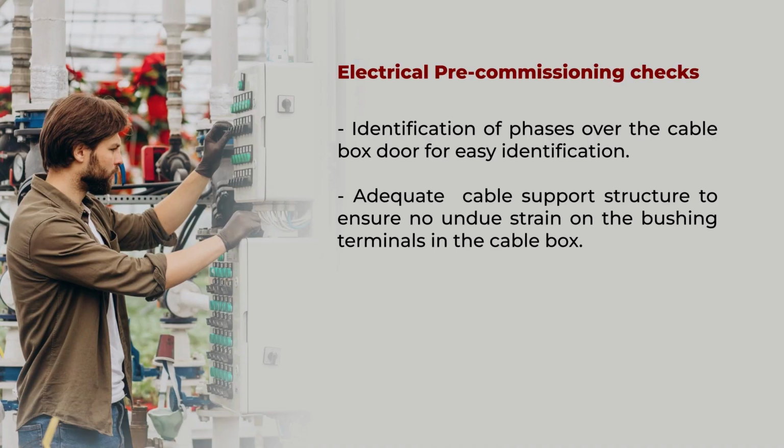Adequate cable support structure so as to ensure no undue strain on the bushing terminals in the cable box. No extra holes to be made in the bus bar at sides. Normally, the gland plates are given in the cable box, but one has to see that only the number of holes that had been made at the manufacturing site that are required for the number of cables, only that should be there.